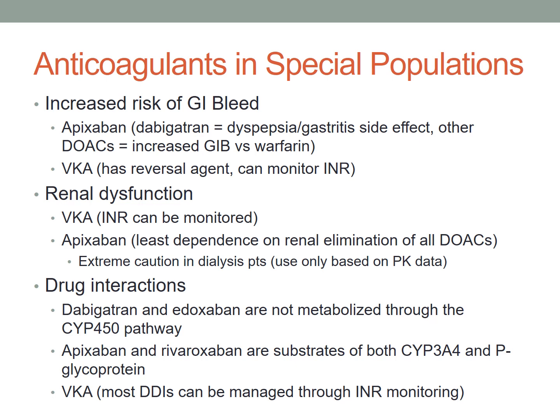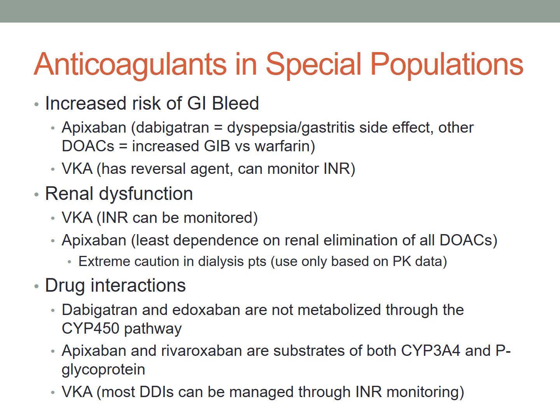Dabigatran has been known to have gastritis or dyspepsia side effects, and the other DOACs that I discussed did have an increase in GI bleed when compared to warfarin. Warfarin is an option, even though it can cause GI bleed, but we think of it as an option in that we can monitor the INR so we can tell if there is a problem. And it also has an acute reversal agent if the patient is bleeding. So there's a safety measure there.